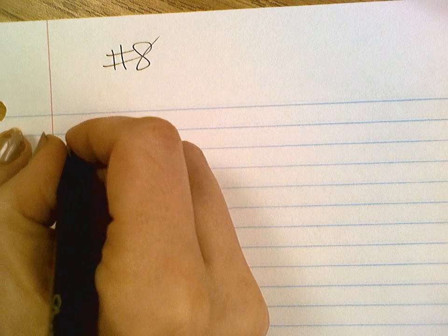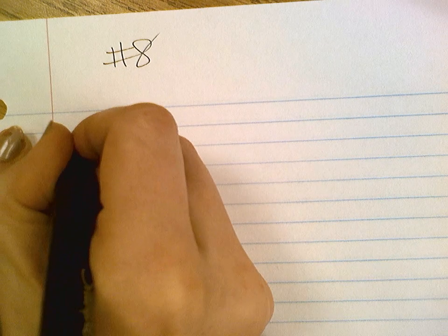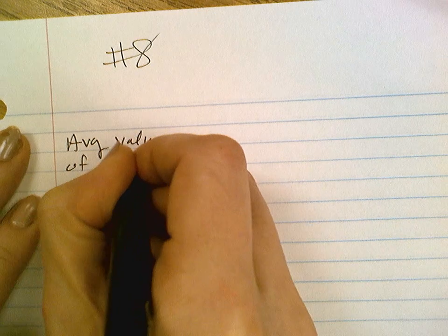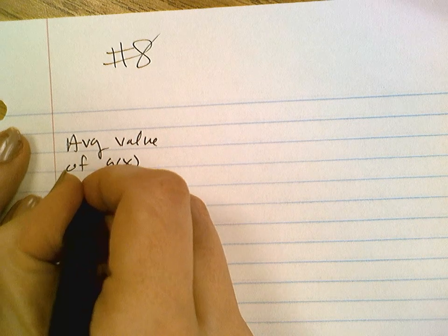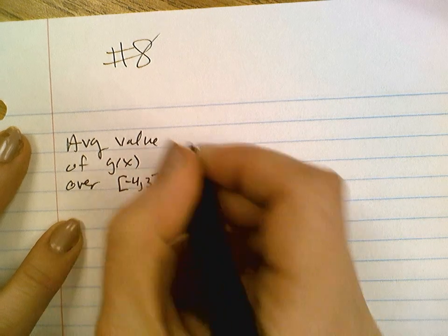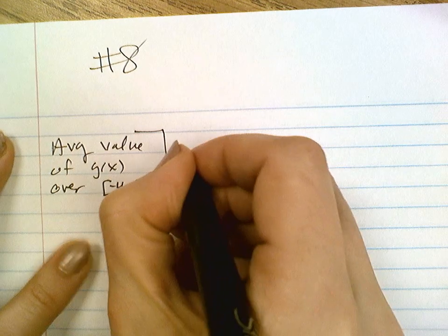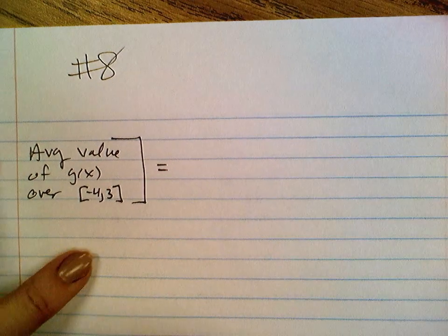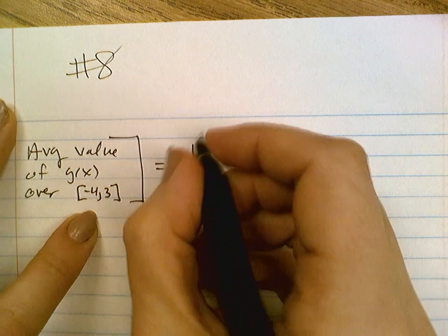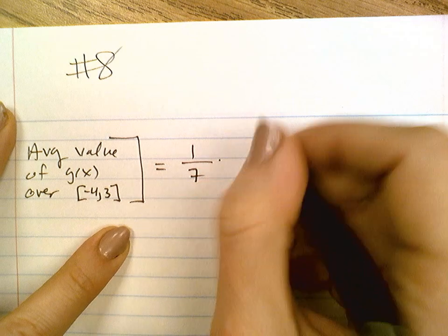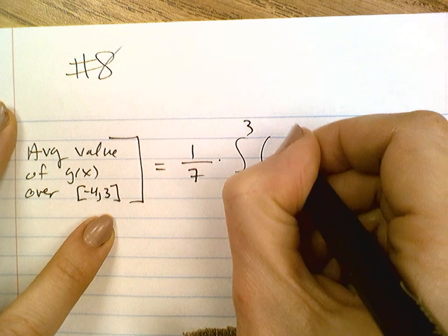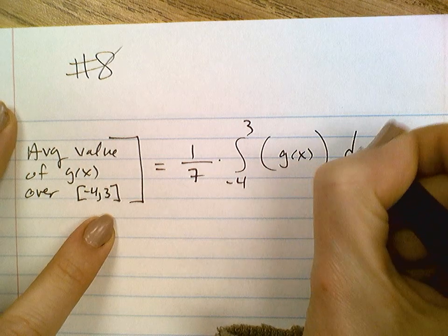All right, so the average value of g of x over -4 to 3 is equal to 1 over b minus a, so 3 minus -4 is 7, times the integral from -4 to 3 of g of x.